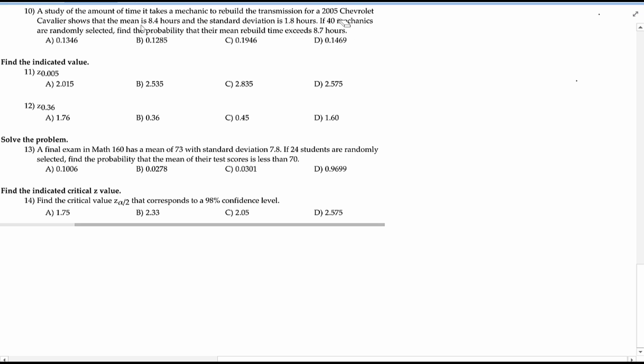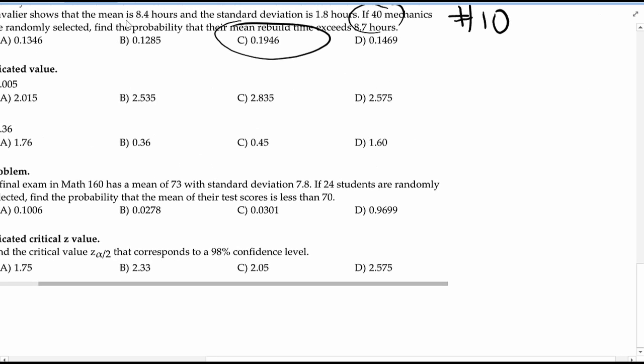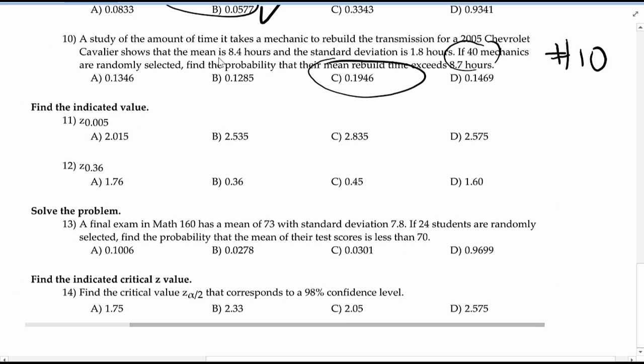The question is, what is the probability that the mean of a sample of 40 mechanics will exceed a certain amount of time? Let me make it bigger just in case the quality of the video is not that good.